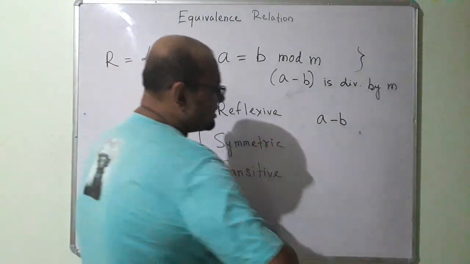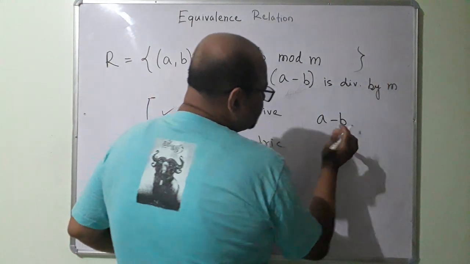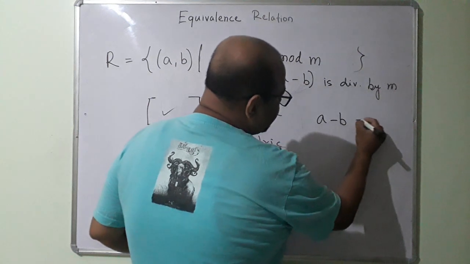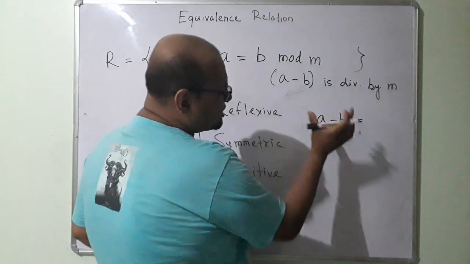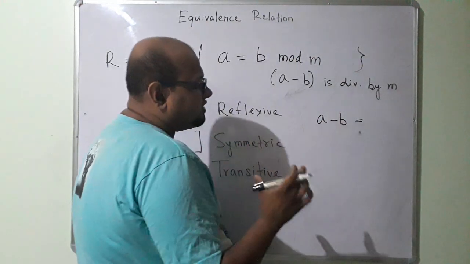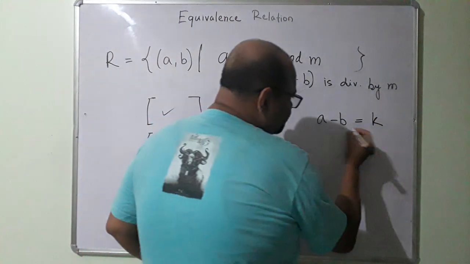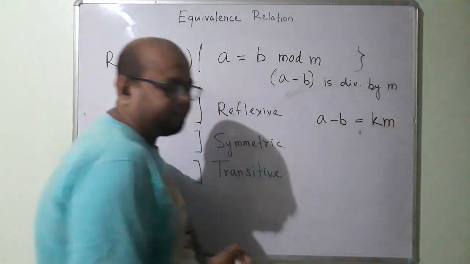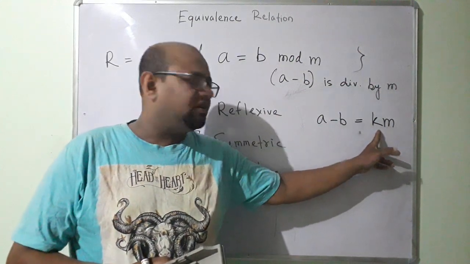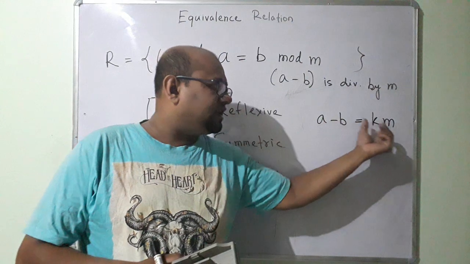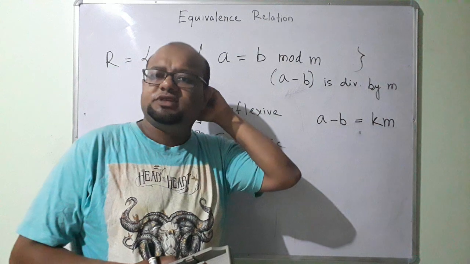AB in the relation means A minus B is perfectly divisible by M. Say when I divide A minus B by M, I get the quotient K. That means A minus B is equal to K into M, where K is an integer.